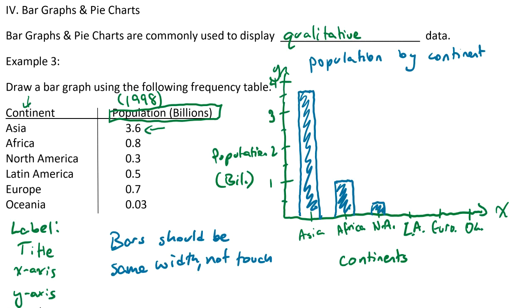Latin America is at 0.5, so just bring it up to about 0.5. Europe is 0.7, so it's not quite up to 1, but bigger than a half. And then Oceania is 0.03, which is extremely small down here. You can barely even see that there's a bar on there.